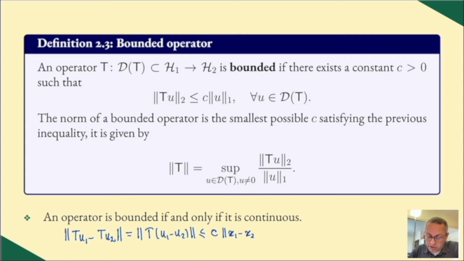So this means that T is uniformly continuous. In fact, boundedness is equivalent not only to continuity, but just to continuity at one point, for example continuity at the origin. This is a simple consequence of linearity of T.